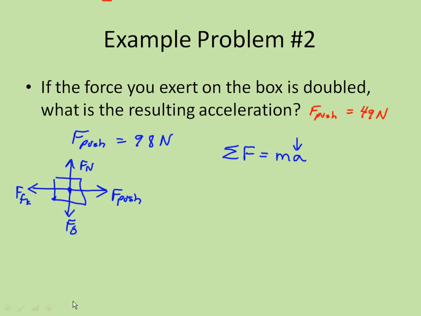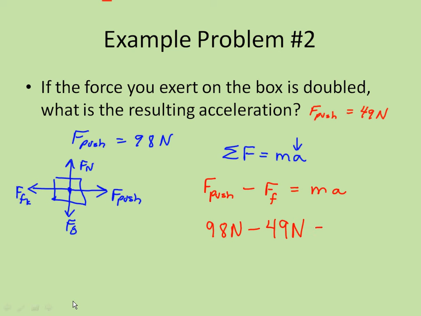So, going back to what we know: F push minus your frictional force is going to equal your mass times acceleration. Putting in our numbers, we have the push is 98 newtons. From the last problem, we knew the frictional force was 49 newtons.